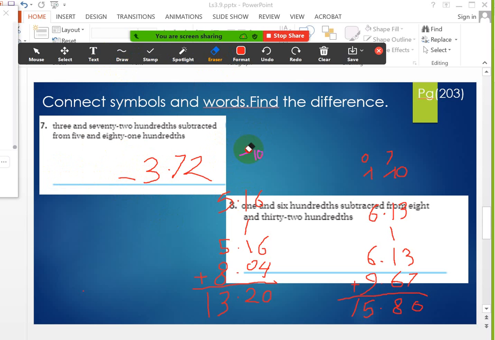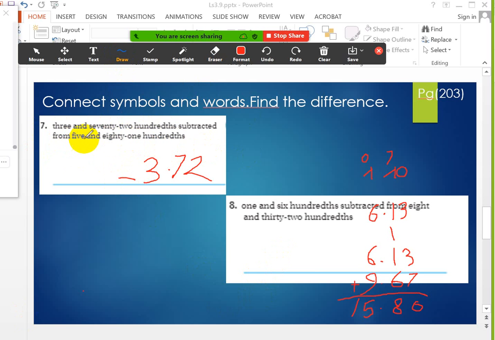When I say, for example, 2 subtracted from 5, that means this is 5 minus 2, not 2 minus 5, okay? It's written like this, 2 subtracted from. That means this is the smaller number, the first number. 5 and 81 hundredths.